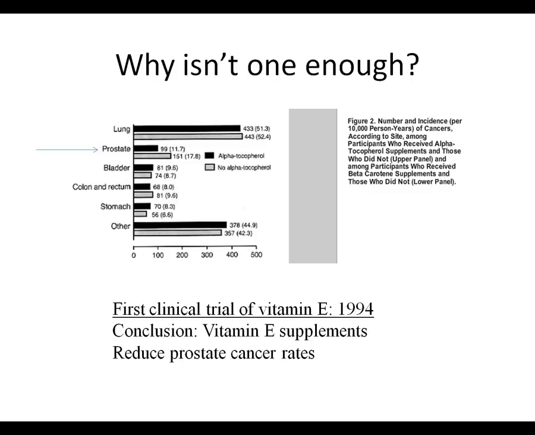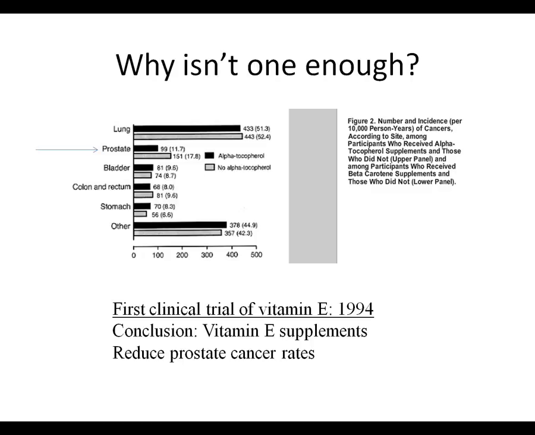Here is the first clinical trial of vitamin E that was done in 1994. What they did is they had some people who smoked, and they were trying to give them some antioxidant vitamins to try to protect them, because one thing that antioxidants are thought to do is protect you against damage by air pollution.